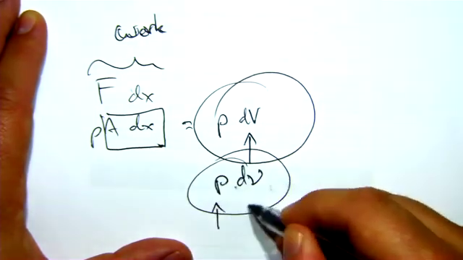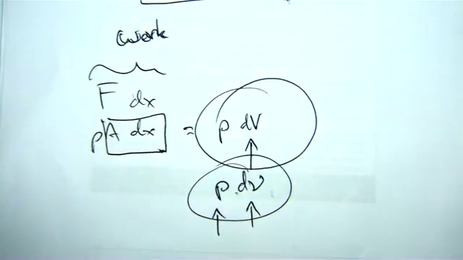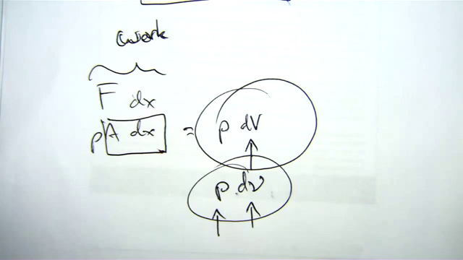This is now in terms of two intensive independent properties, which means I have an expression for work in thermodynamically useful units. Pressure is something I can measure quite nicely. So pressure gauges work.